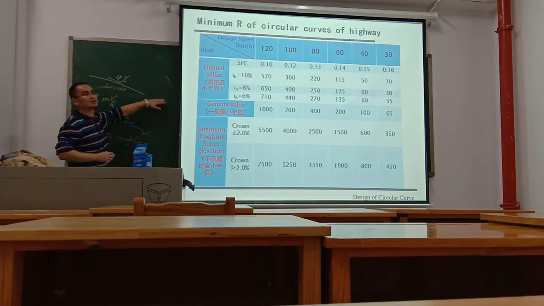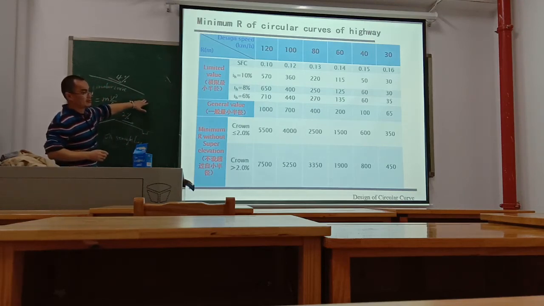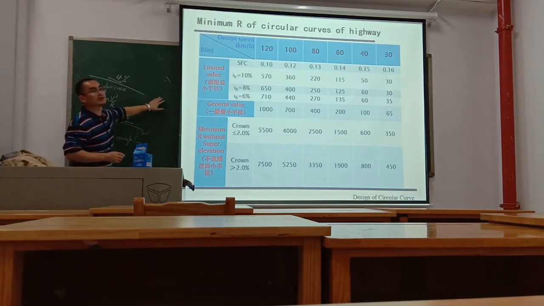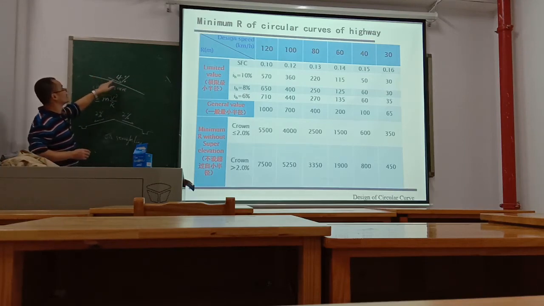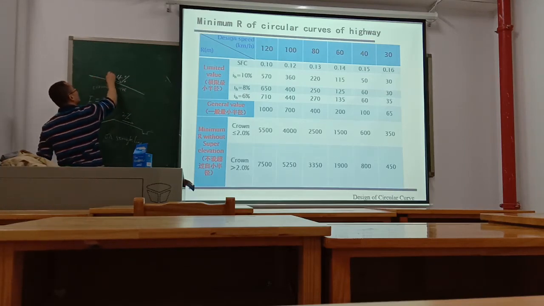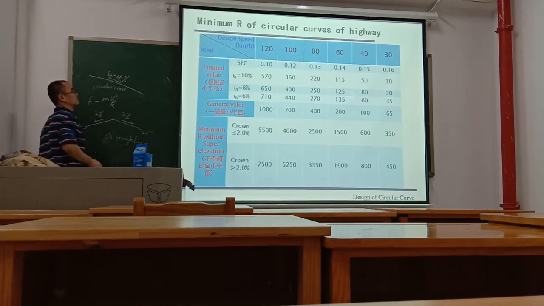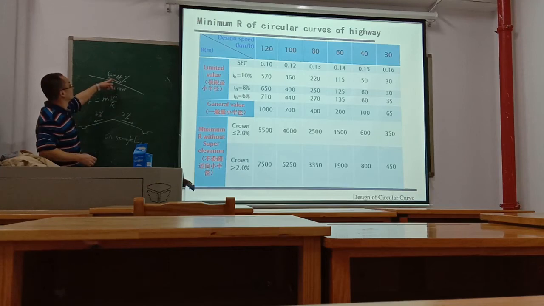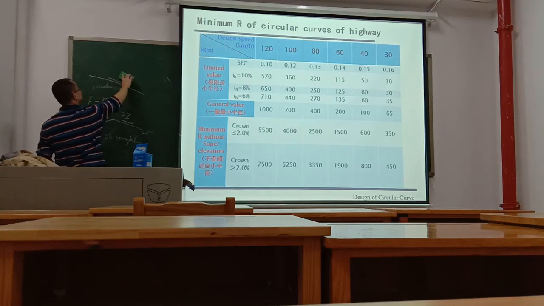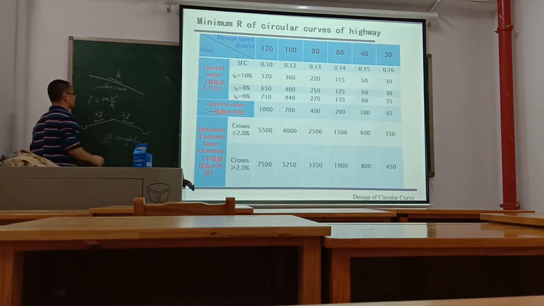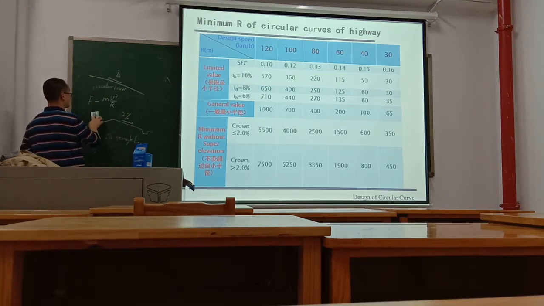The radius: the center of the circular curve is on the right side, not this side. So this is IH. This is I.